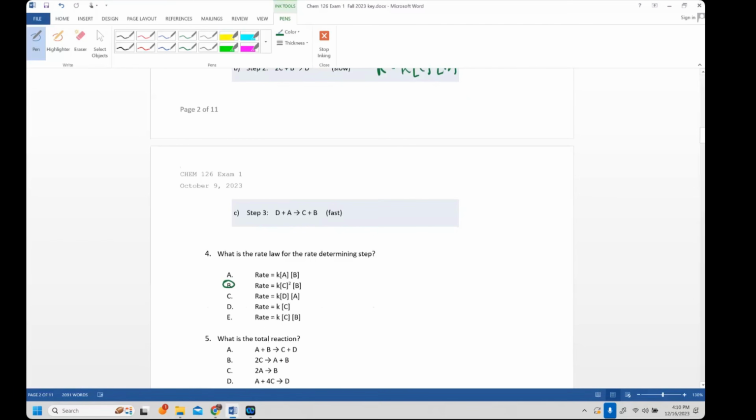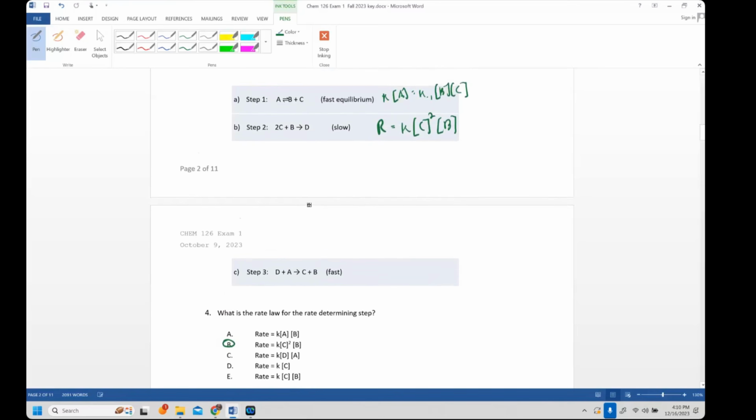What is the overall reaction? Now for the overall reaction, we have to add all of these together. So if we add these together, we have A. Does any A cancel out? We have another A here. So we have A and A. So if we add these up, we have so far 2A. What happens to B? We have a B on the right, a B on the left. Those cancel out. And then we have a B on the right. So then we have B on the right.